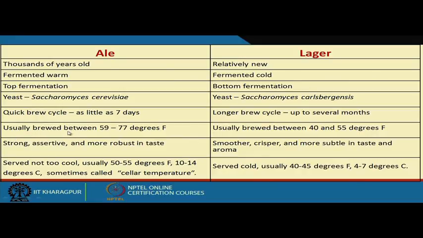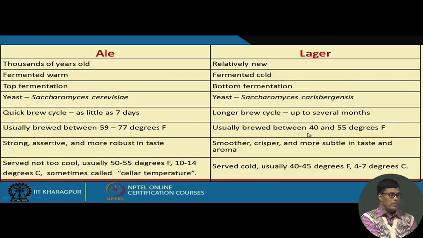Ale is usually brewed between 59 to 77 degrees Fahrenheit, while lager is usually brewed between 40 to 45 degrees Fahrenheit. Ale is strong, assertive, and most robust in taste, while lager is smoother, crisper, and most subtle in taste and aroma. Ale is served not too cold, usually 50 to 55 degrees Fahrenheit, 10 to 14 degrees centigrade, sometimes called cellar temperature.